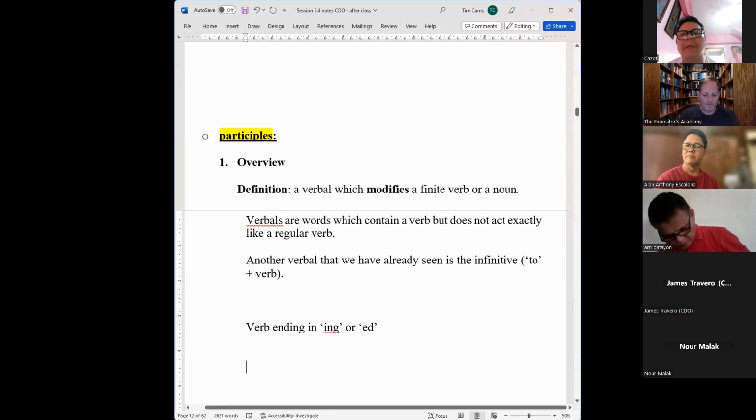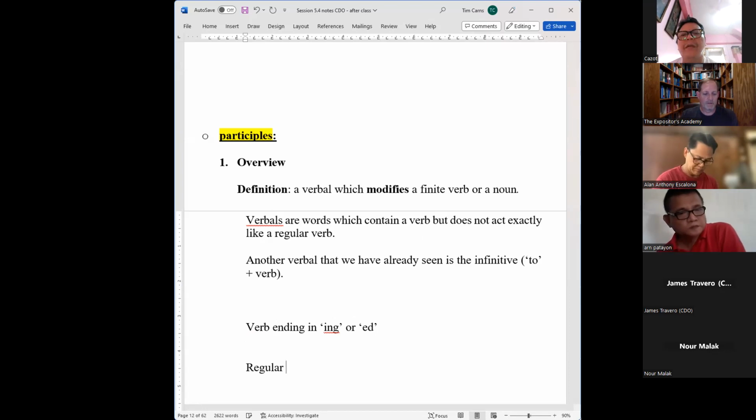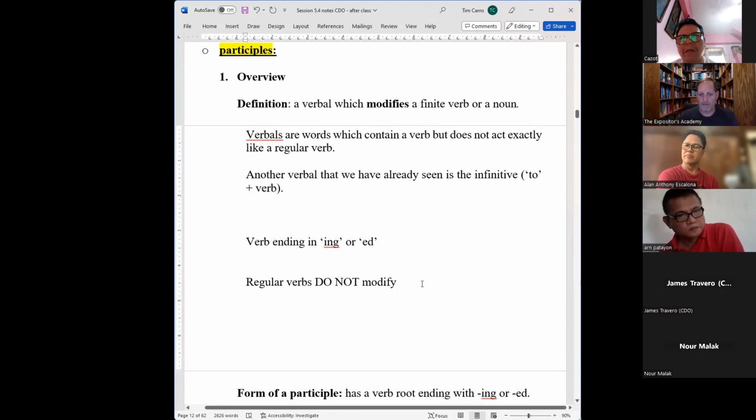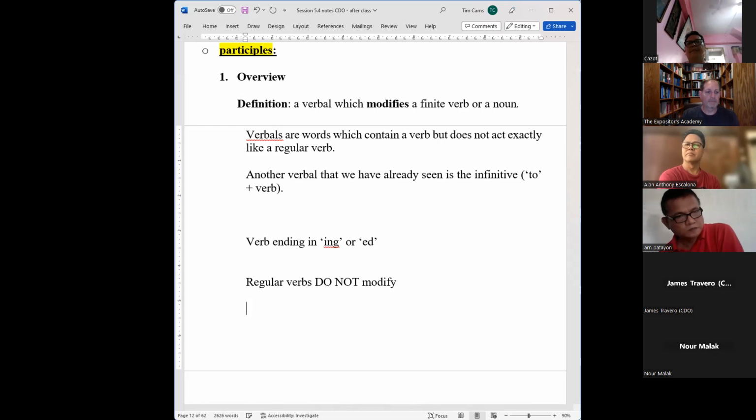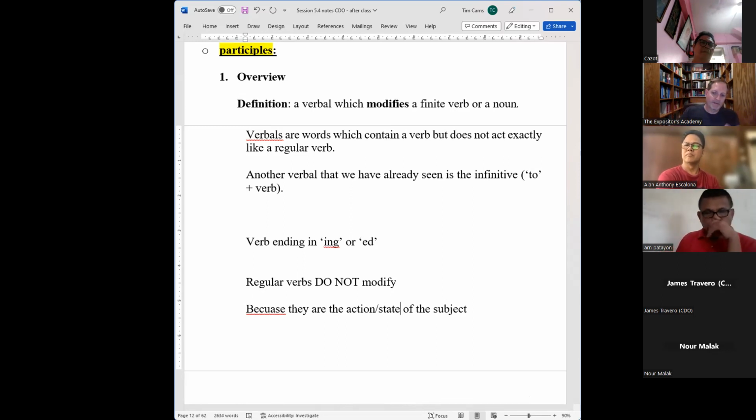Now, regular verbs do not modify. That's because they are the action or state of the subject. They don't modify. They are the action in the sentence, right?